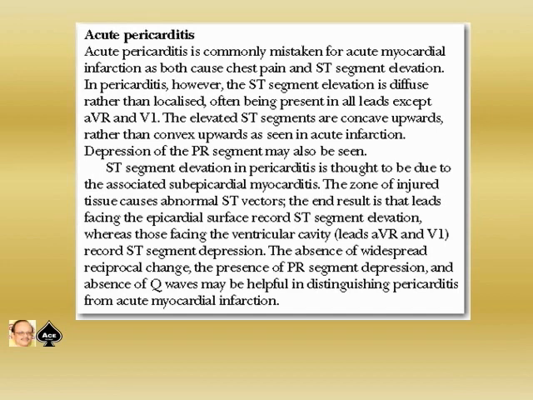The absence of widespread reciprocal change, the presence of PR segment depression, and the absence of Q wave may be helpful in distinguishing pericarditis from acute myocardial infarction. Once more I will say, absence of widespread reciprocal change, presence of PR segment depression, and absence of Q wave help in distinguishing pericarditis from acute myocardial infarction.